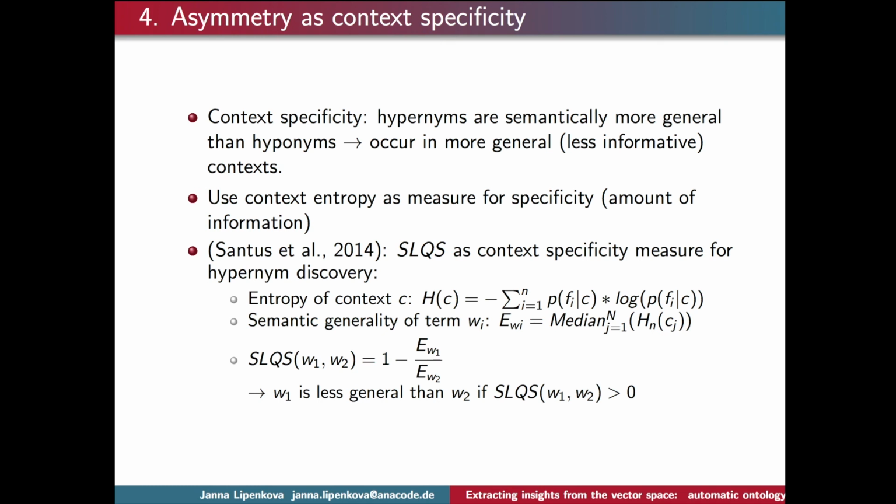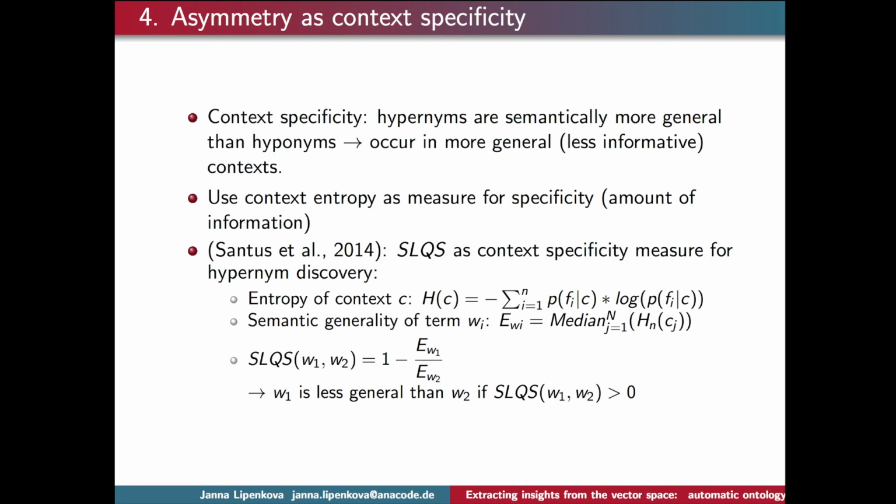And as many of you might know, context entropy is the classical measure for specificity, because it measures the amount of information that's contained in a word or a context. So we use a measure here, which is called SLQS, and which allows us to measure context specificity to determine the directionality in a specific candidate hyperonymy pair.